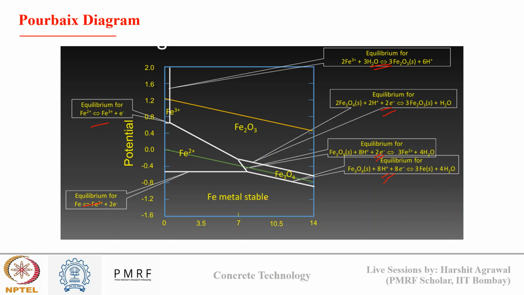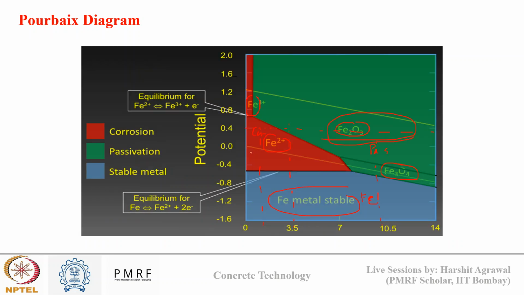So there are more equilibrium reactions that you see here, and the diagram is more complicated, but I still reported all the equilibrium reactions. Just try to write the Nernst equation for all these reactions, and you will find this same plot of potential versus pH. That will help you define what system is stable in what condition. So this is the Pourbaix diagram.